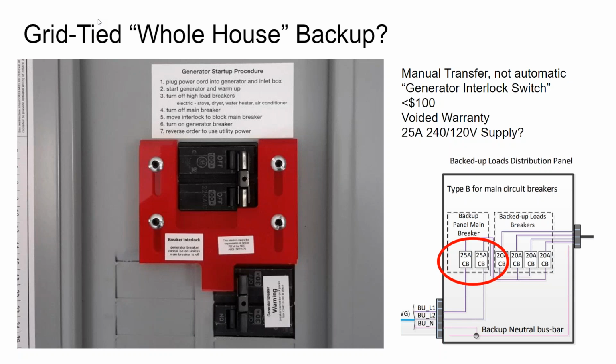The only issue is, well, how do I actually do that and maintain my grid connected safety listing? And the answer is there's a term called a generator interlock switch, which is a device that was used to land a regular gas generator at the top of the bus bar.